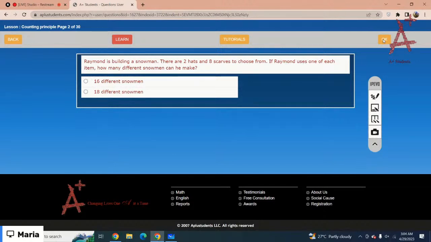So 2 hats and 8 scarves. So you have to do 2 times 8. So 2 times 8 is 16. That means he can make 16 different snowmen.